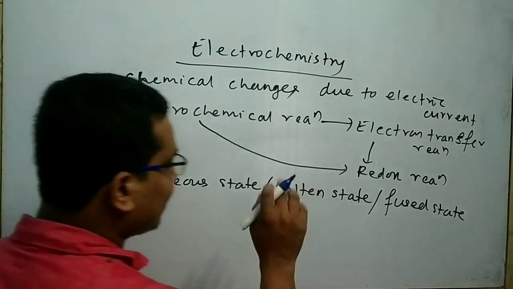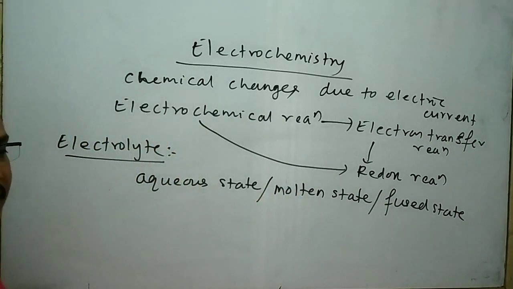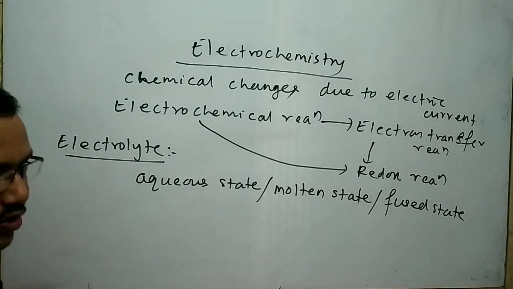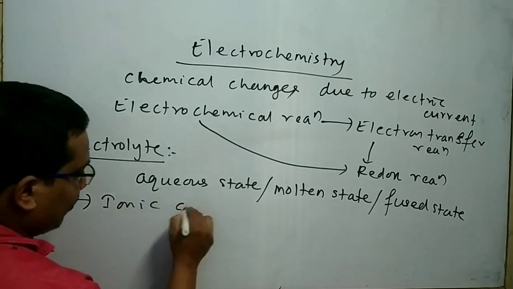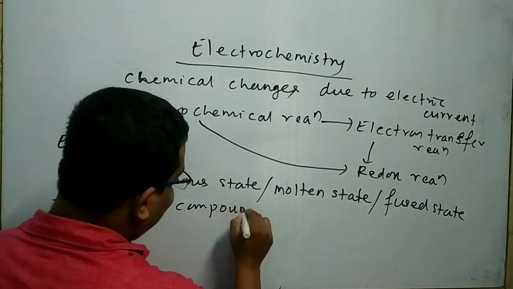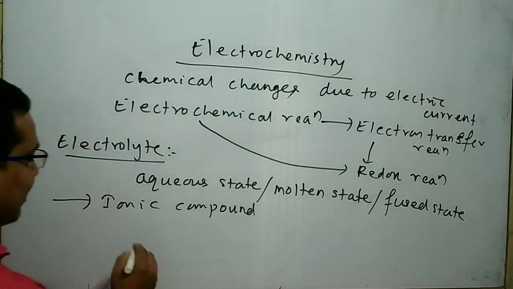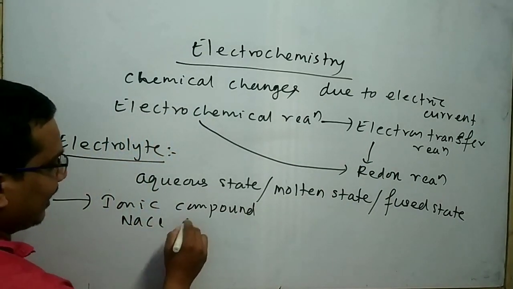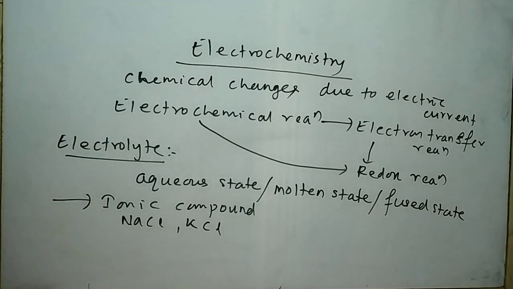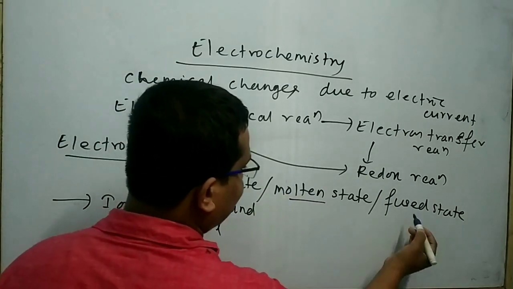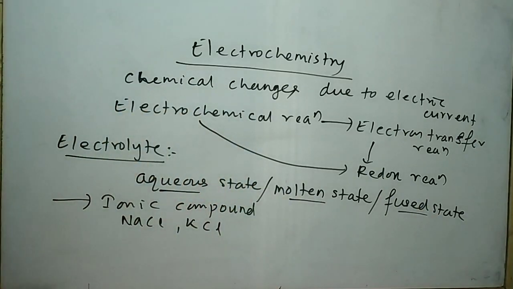Or a substance in molten or fused state, if it is able to conduct electricity, is called an electrolyte. Electrolytes are ionic compounds. Examples are NaCl, KCl. These are electrolytes which can conduct electricity in aqueous, molten or fused state.